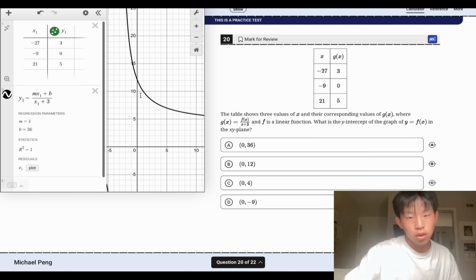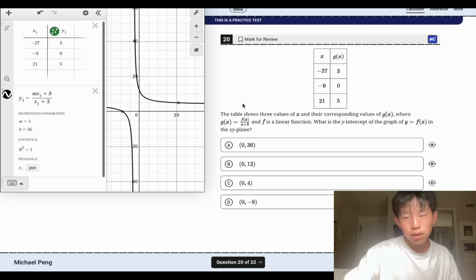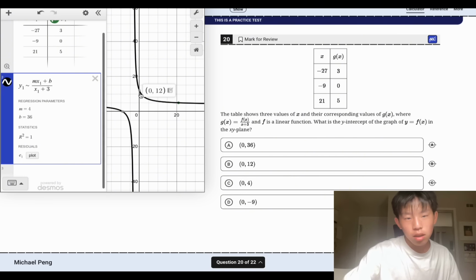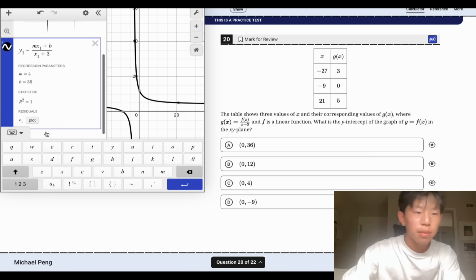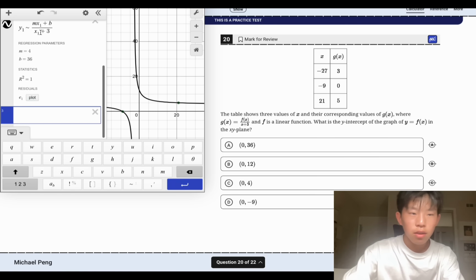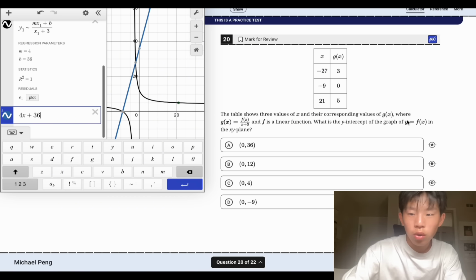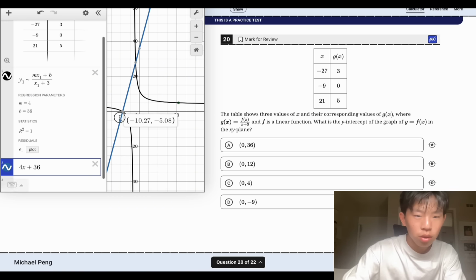Now it's asking for the y-intercept of y equals f of x. You might be thinking it's just 12, it's right there. But that's not f of x, that's g of x, because y1 is g of x. You're really trying to find f of x, which is mx plus b. So what's m? 4x, and what's b? 36. So what's the real y-intercept? It's this blue line, and the y-intercept is 36.